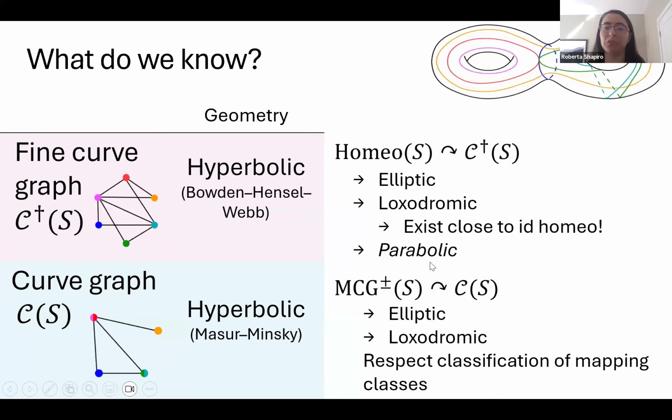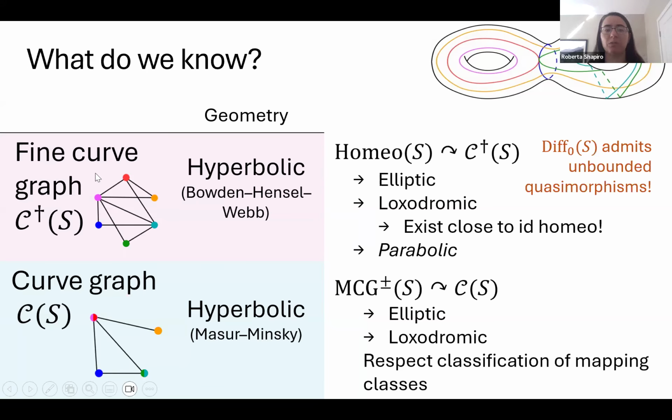So that's completely new when we talk about the dynamics of homeomorphisms on the fine curve graph. And it indicates that the dynamics of the action here with the homeomorphisms are much richer than the dynamics down here with the mapping class group. So perhaps we have something to learn from these.